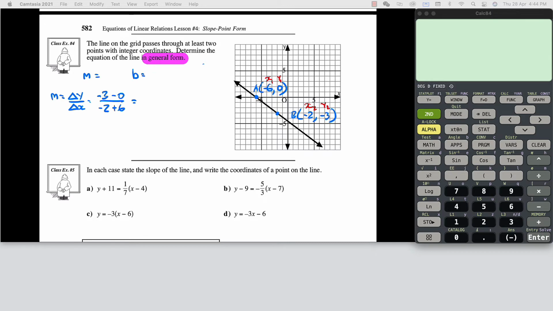That gives us a value of negative 3 over 4. So the slope is negative 3 over 4. Recognize that it's a negative slope, and that is true because we're approaching from the left and then going down, indicating that it has a negative slope. So we've just calculated the slope.